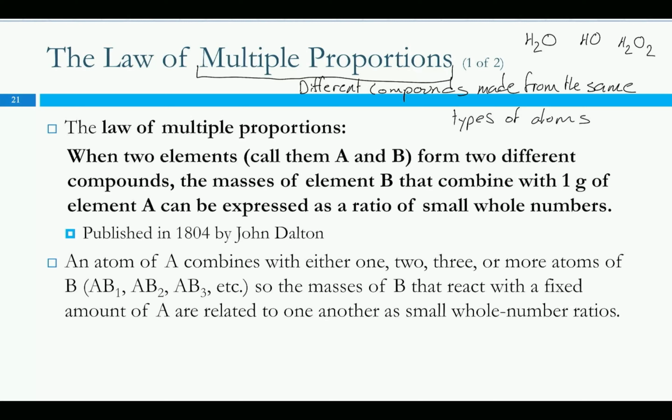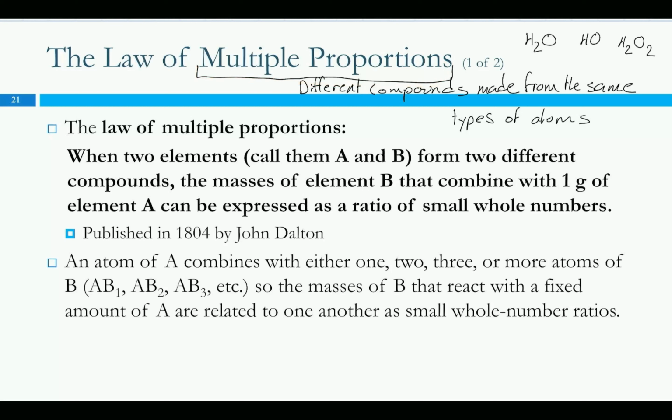Again, this is a sort of law that comes from the time before we were able to count atoms in these things, and it was another way to confirm and lead to the idea that in the future, with more sophisticated technology, we might be able to prove this more precisely. What is the multiple proportion then?